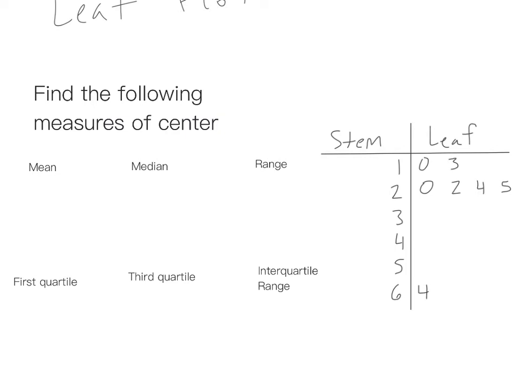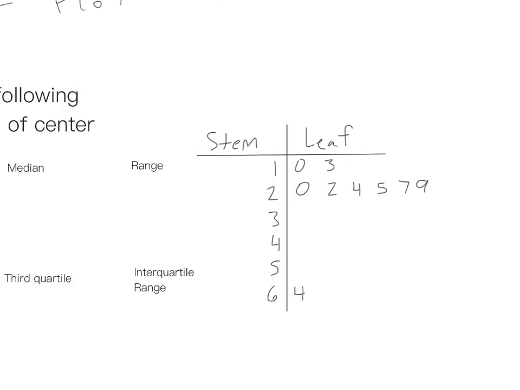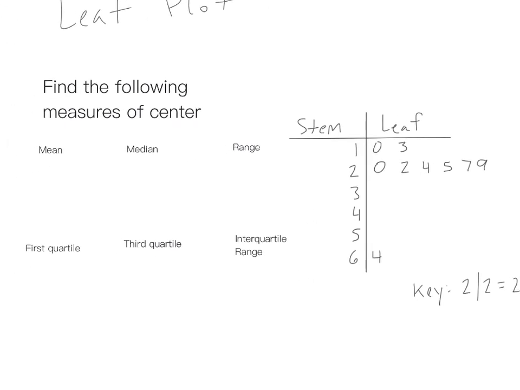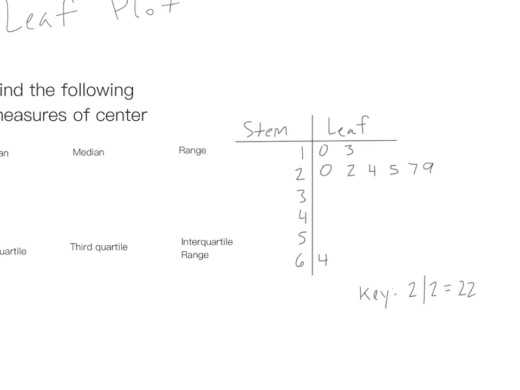So let's look here. We've got to draw the key. My bad, key. I'll say 2 line 2 equals the number 22. You don't have to start with the first one. So as I'm pulling values out, I've got a 10 and a 13.